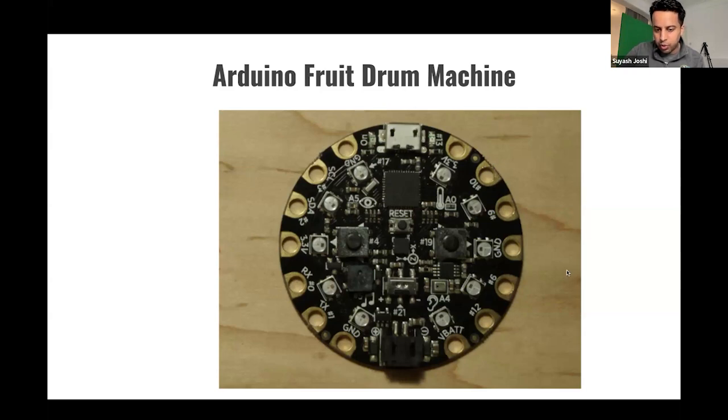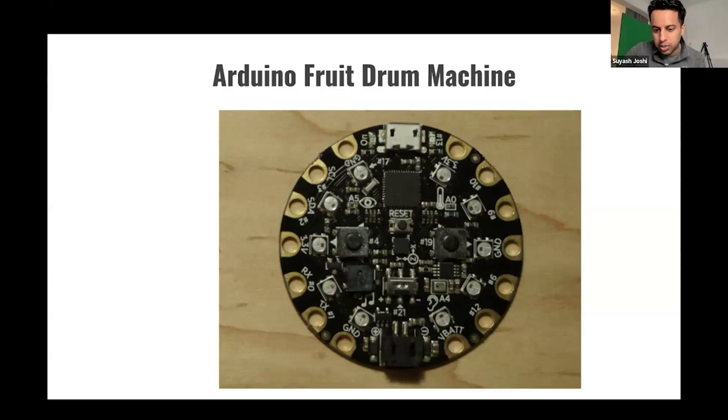Basically, the fruit detects when I touch it and it changes the value of the capacitance, and that change is recorded. At a certain point, I create a threshold. So I detect that change when it meets a certain threshold. And when it does, then I send it to my computer.